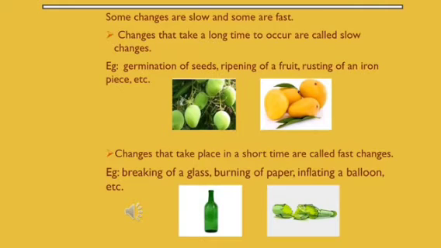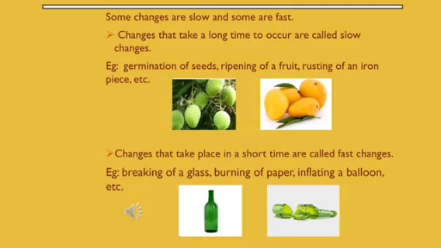Some changes are slow and some are fast. For example, germination of seeds. This is a change which takes some time, probably a few days, around 4 to 5 days, or maybe even shorter depending upon the kind of seed.